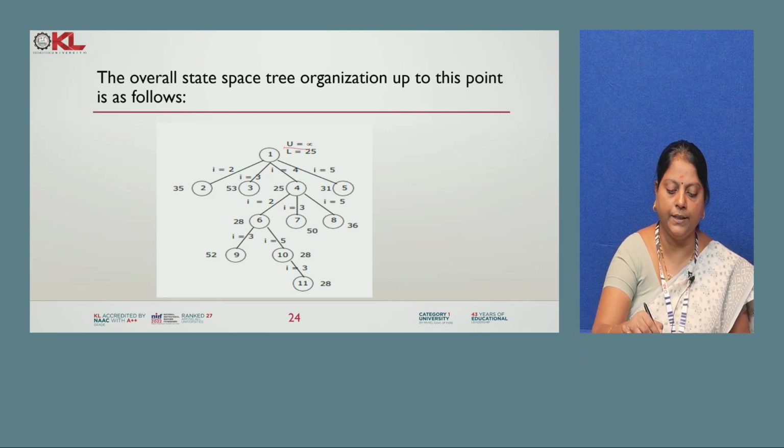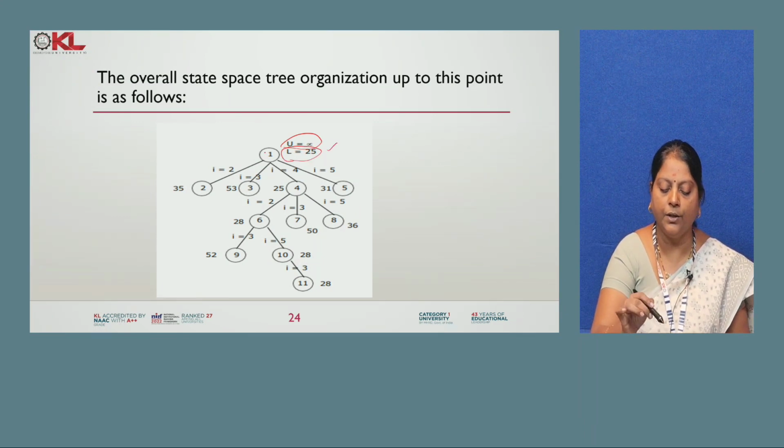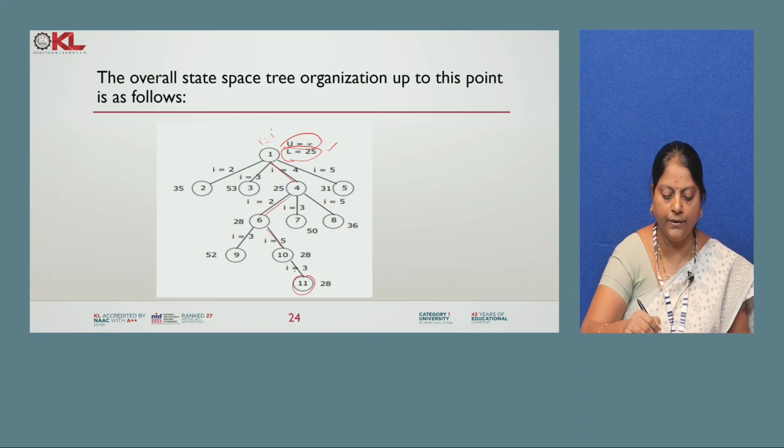So initially we take the upper bound value as infinity and the lower bound value as 25, the cost of the root node. Okay, here i equal to 1. So this is the final state space tree. So we visited all the nodes, i equal to 4, 2, 5 and then 3.